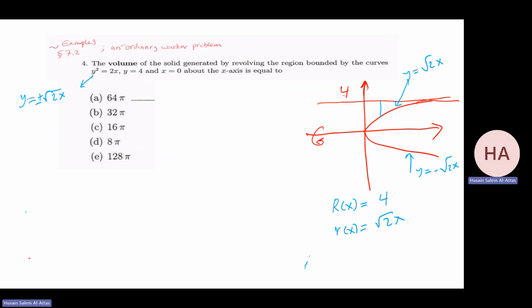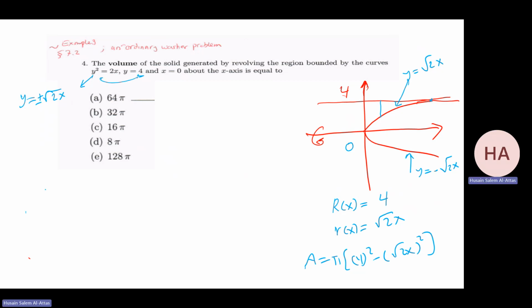So what will be the area? Will be pi times 4 squared minus square root of 2x squared. And from where to where? That will be 0. I need this point. Equate these two. Yeah, at what x value?